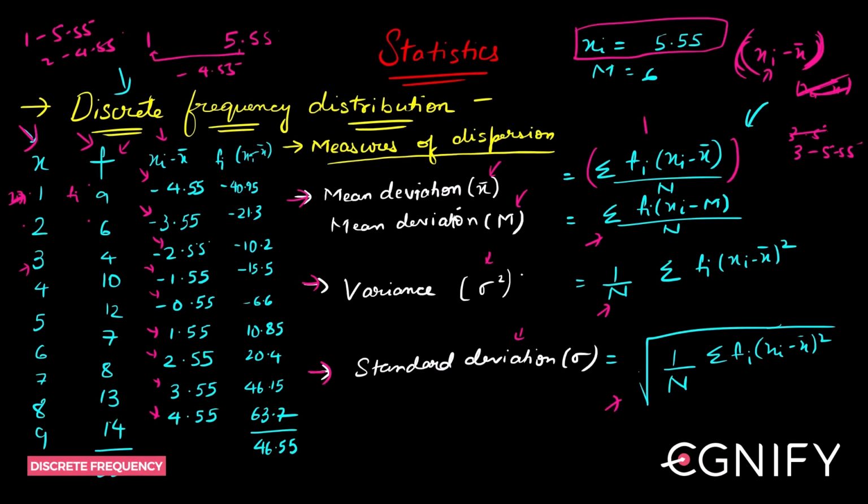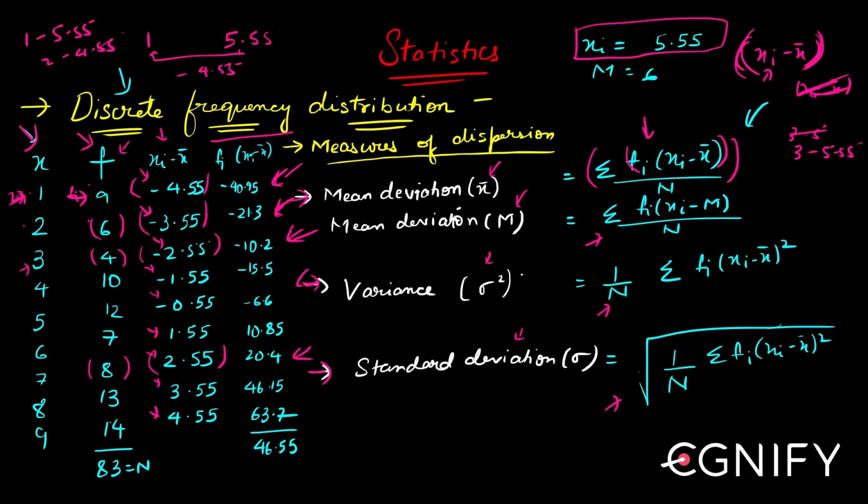Then you need fi into xi minus x bar, because the formula is like that. So 9 into this quantity, which is minus 40.95. 6 into this quantity, which is minus 21.3. Likewise, frequency into xi minus x bar, minus 10.2. Likewise, 8 into 2.55. So you need to make a table of xi minus x bar, then add all these fi into xi minus x bars, because it is sigma fi into xi minus x bar.